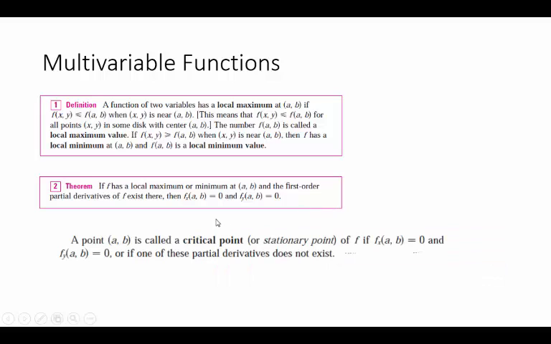A critical point is a point (a, b) where the first order partial derivatives for both x and y are equal to 0 or do not exist. They both have to satisfy the critical point condition, both the partial with respect to x and the partial with respect to y. Otherwise it's not a critical point.